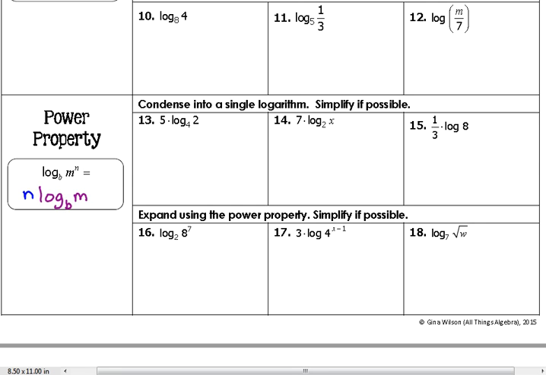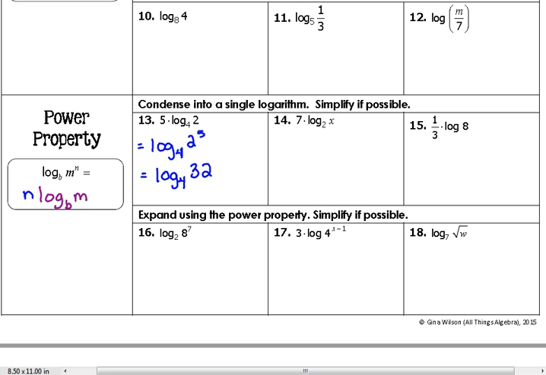Okay, so number 13, 5 times the log base 4 of 2. We can go the other way with that. If there's a number in front, we can make it an exponent. Now, what is 2 to the 5th? 32. Let's use change of base to work this one out, because I can tell that there's a relationship going on here.